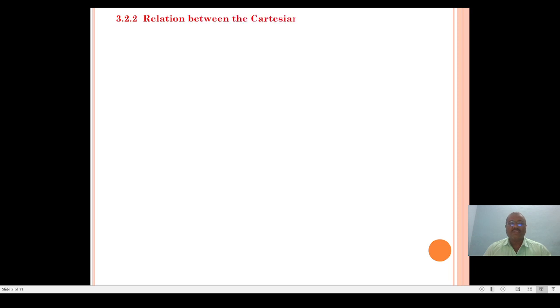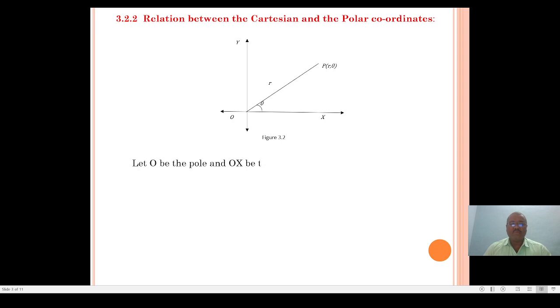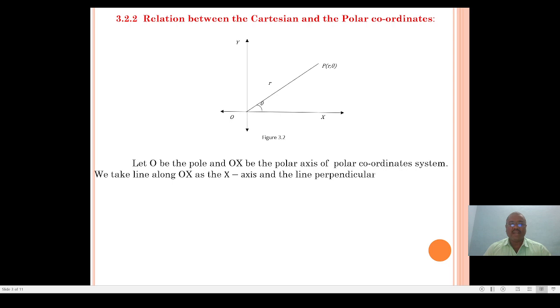Now see the relation between the Cartesian and the polar coordinates. See the figure. Let O be the pole and OX be the polar axis of the polar coordinate system. We take the line along OX as the x-axis and the line perpendicular to OX through O as the y-axis.